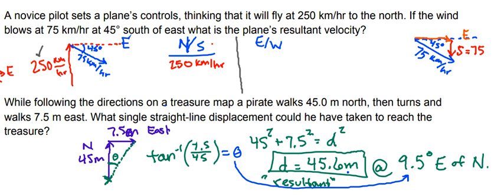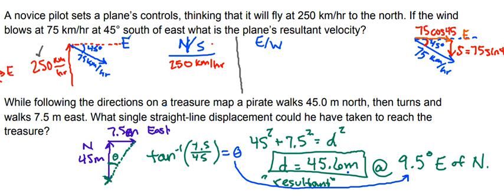So in the south direction we have 75. We're going to use this trigonometry, okay? If this is the angle, the southern component of that vector is pointing to the south, and it is opposite of the angle, so we use sine of 45. And then the east component, 75 cosine 45. Fun fact, sine and cosine of 45 are the same.